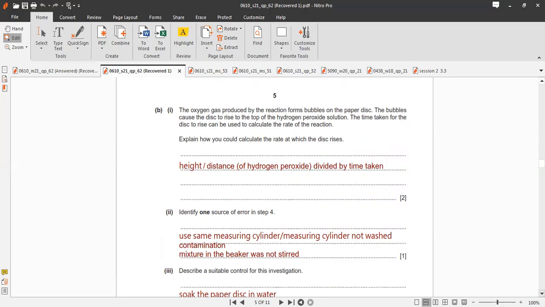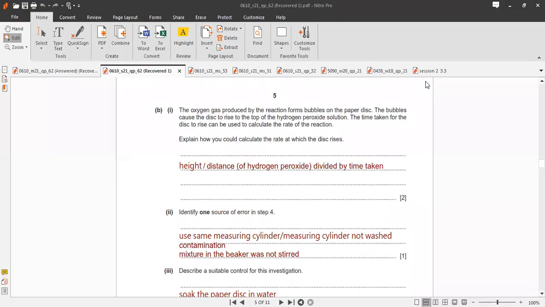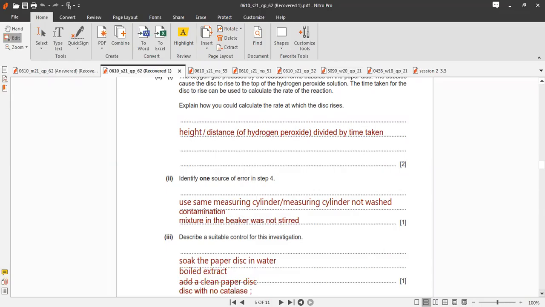You can measure the distance of hydrogen peroxide divided by time taken. You can measure height or distance of hydrogen peroxide divided by time taken to calculate the rate at which the disc rises. To calculate the rate, distance divided by time, or height divided by time.